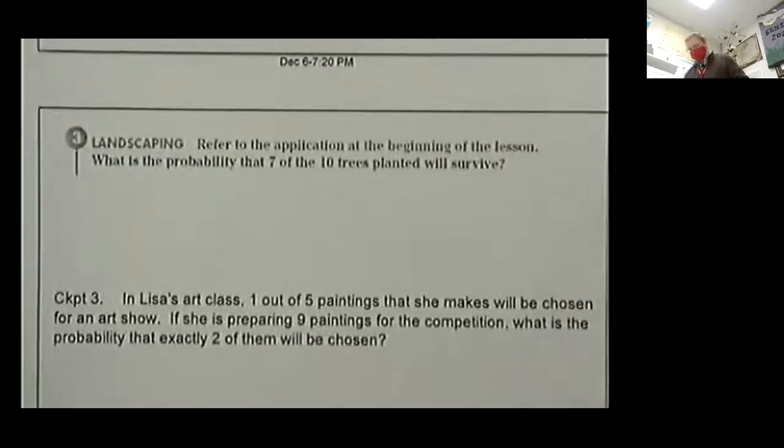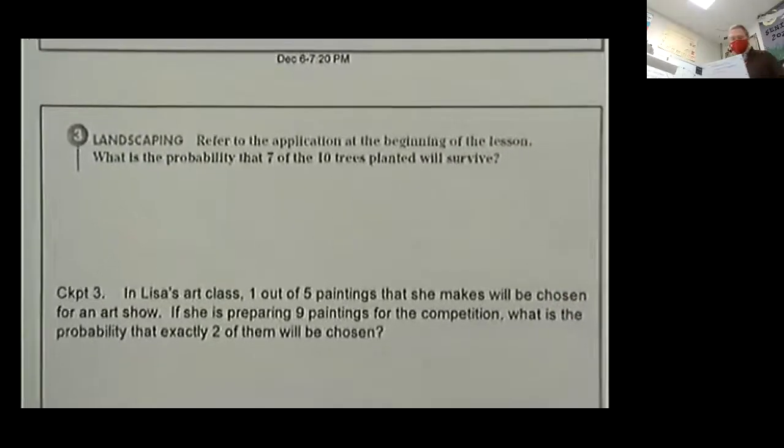Example 3, refer to the application at the beginning of the lesson. What's the probability that 7 of the 10 trees planted will survive? Again, we're still using our formula, n choose r. Here we have survivor to the s, and failure is n minus r.